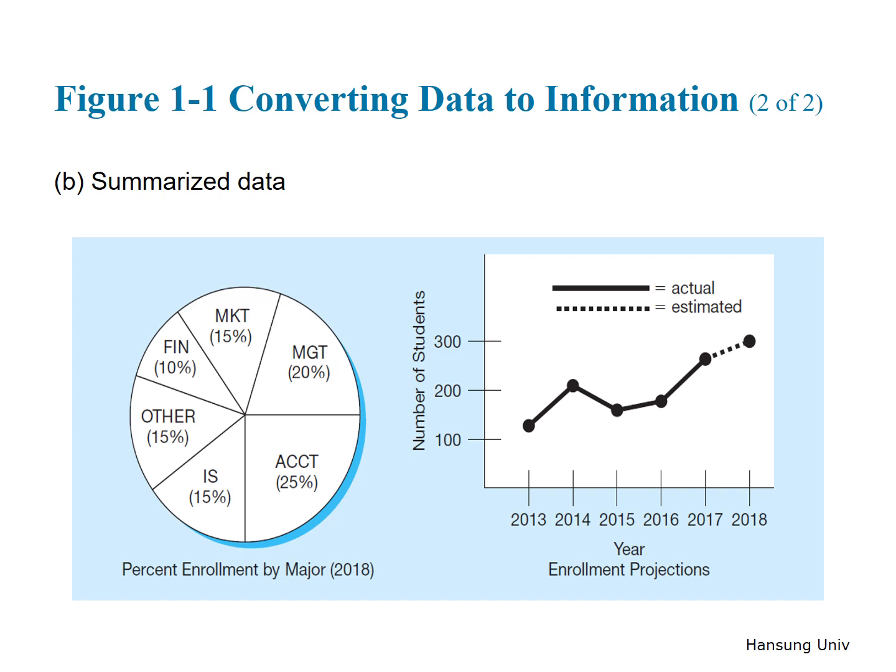You can see there is a pie chart, percent enrollment by major. So marketing 15%, management 20%, accounting 25%, information systems 15%, other 15%, finance 10%.